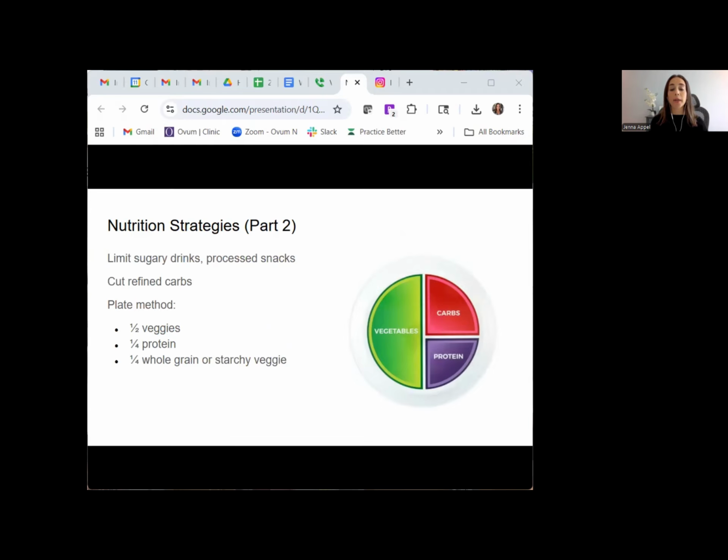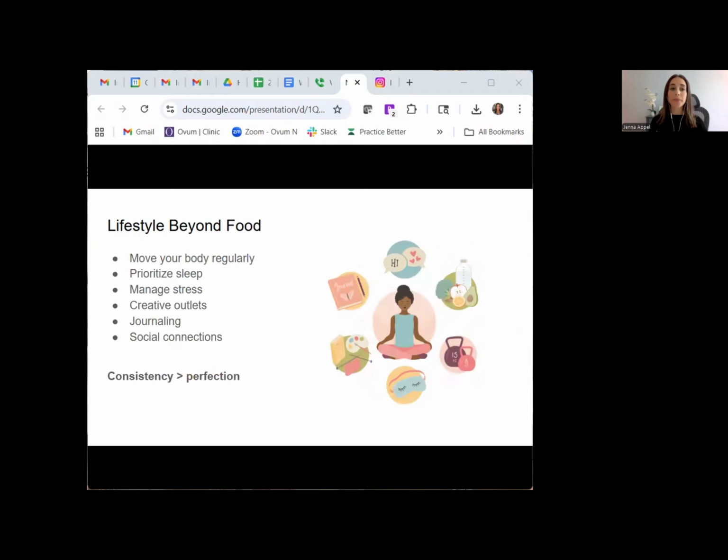Half of your plate is filled with non-starchy vegetables, a quarter of your plate with lean proteins, and the last quarter with high-fiber whole grains or a starchy veggie. This simple visual tool makes meals balanced, increases satiety, and keeps them blood sugar friendly.